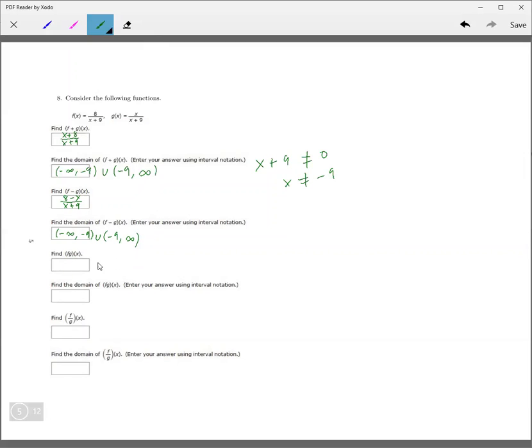Okay, so f times g. When you multiply these together, you multiply the numerators, and then you multiply the denominators. And so that's going to give you x plus 9 squared in the denominator. And then the domain is going to be the same thing.